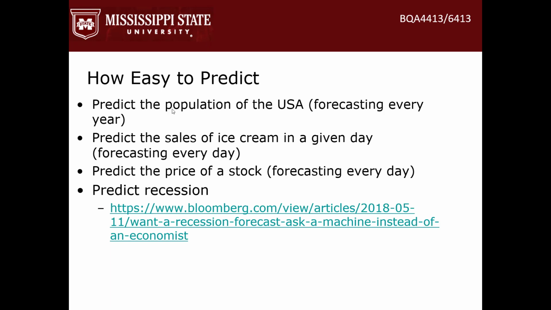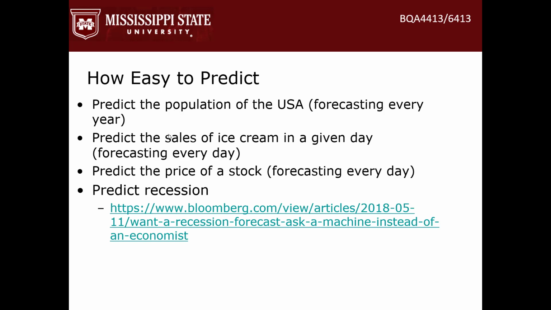The first should be relatively easy because the population of the USA goes up by a relatively regular amount each year. We also have covariates such as immigration figures that we could use to further improve our estimates. So predicting something like the population of the USA, even 2, 3, 4, 5 years ahead, is probably a relatively easy prediction.